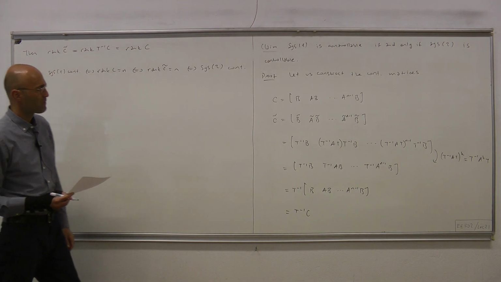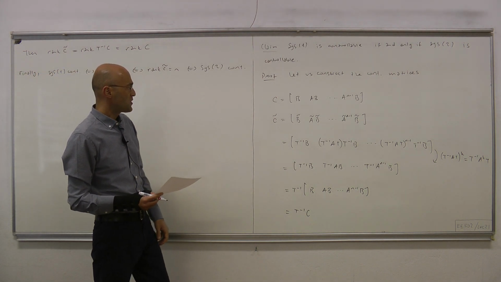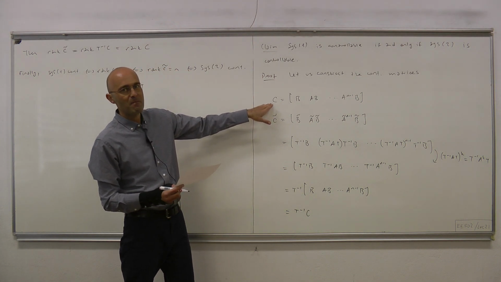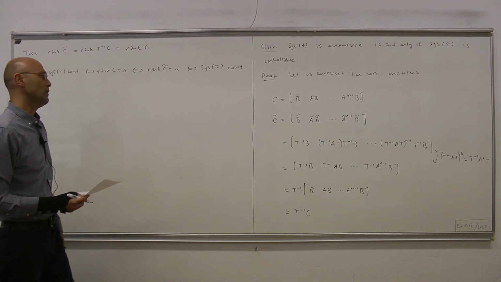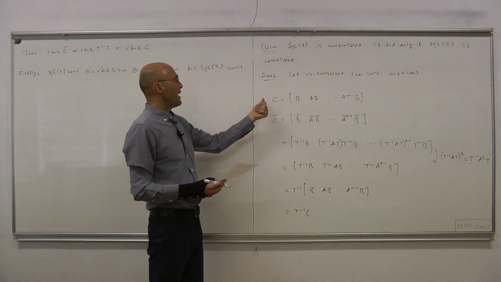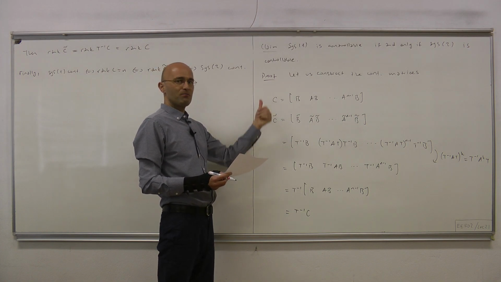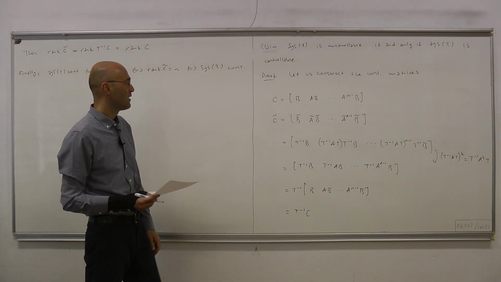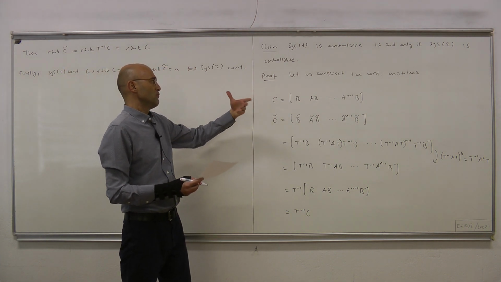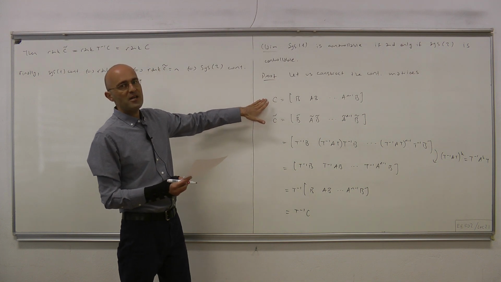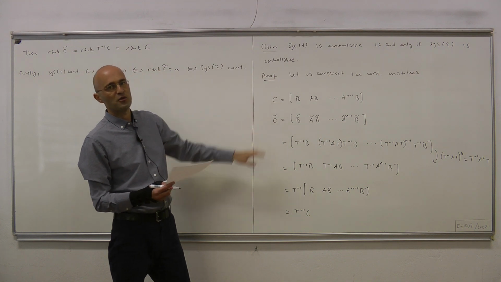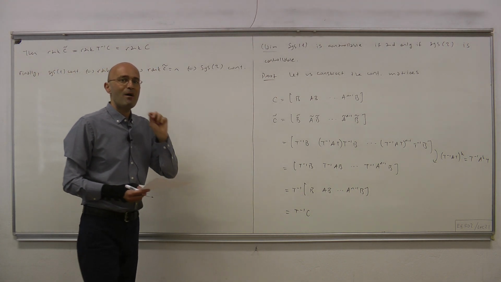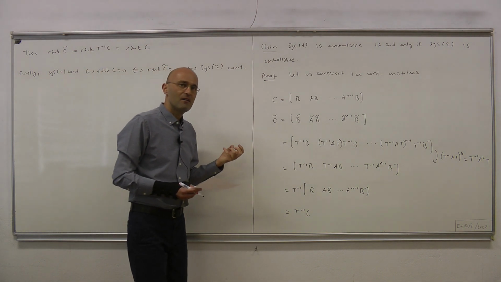Furthermore, even for the uncontrollable case, the rank of C tilde and C are equal. And remember that the range space of the controllability matrix gave us the controllable subspace. So even though the controllable subspaces for system 1 and system 2 would be different subspaces in general, there will be something the same about them, and that is their dimension.